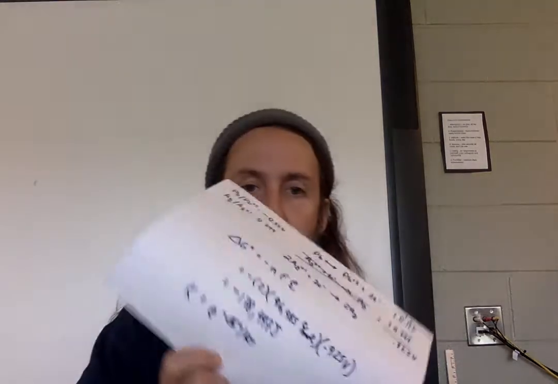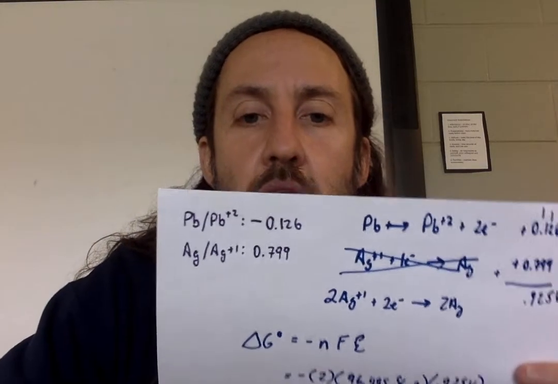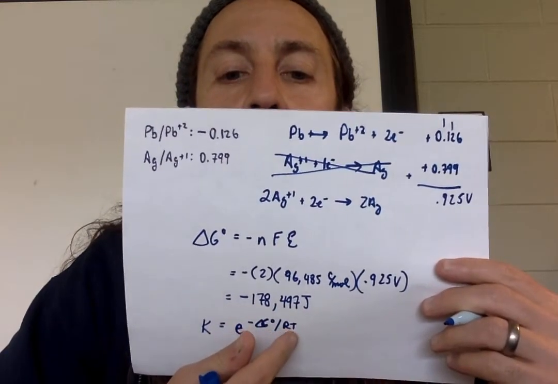Okay, so now that I've got the G standard, I can plug in the RT. The R is going to be 8.314 because it's a constant, and then since we're at standard, it's going to be 273. So what I have to remember to do is to put that negative, okay?